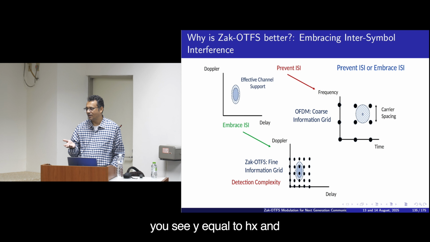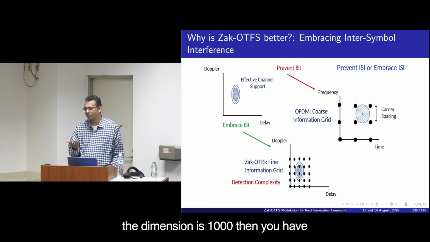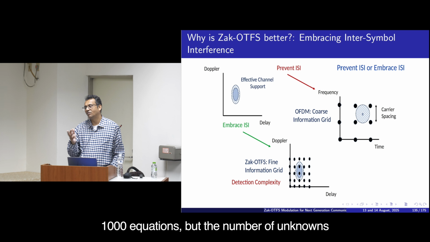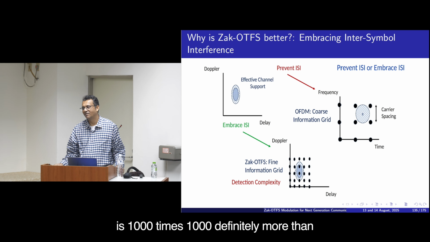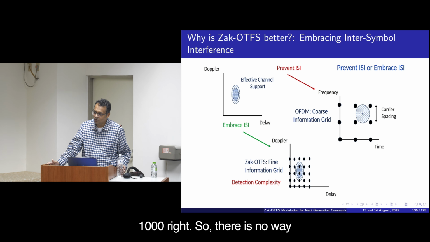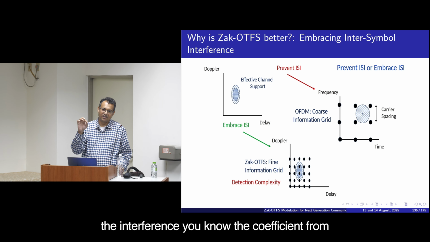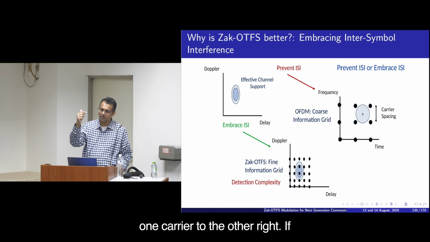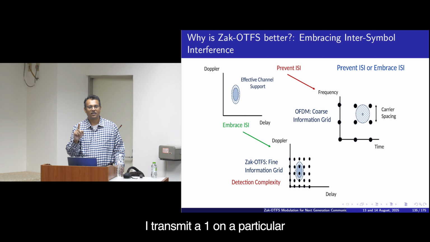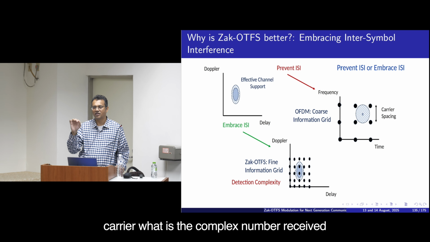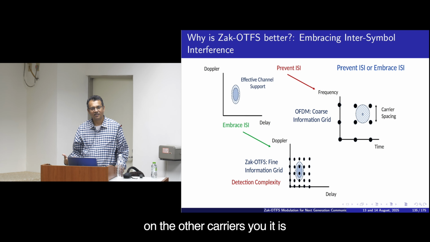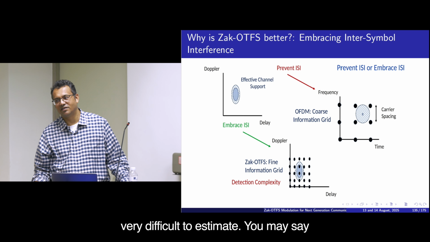If you see y equal to Hx and the dimension is 1000, then you have 1000 equations, but the number of unknowns is 1000 times 1000, definitely more than 1000. So there is no way you can estimate the interference, the coefficient from one carrier to the other. If I transmit a 1 on a particular carrier, what is the complex number received on the other carriers? It's very difficult to estimate.